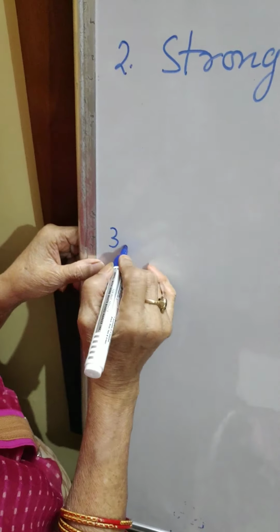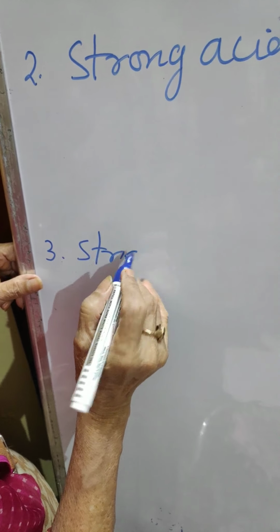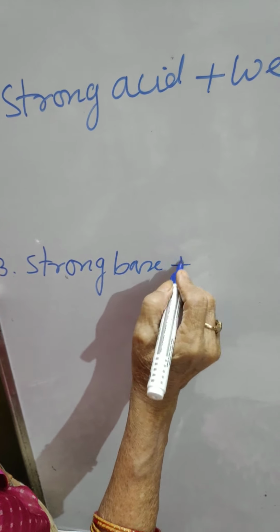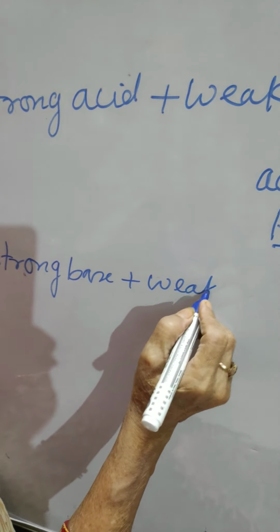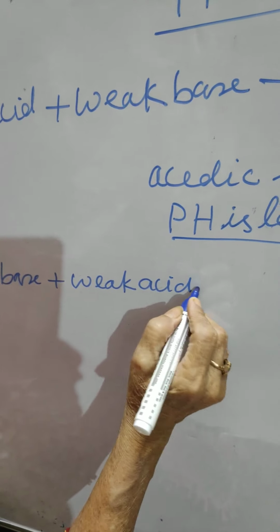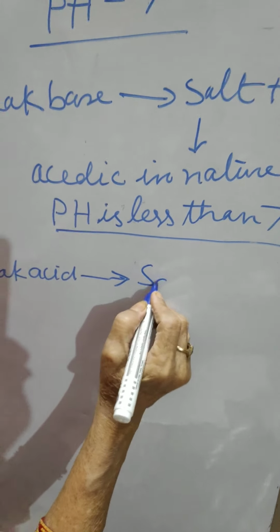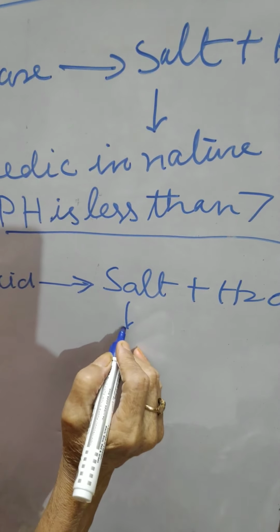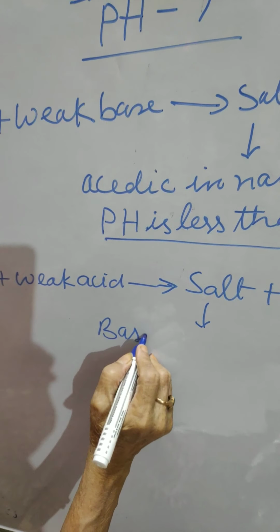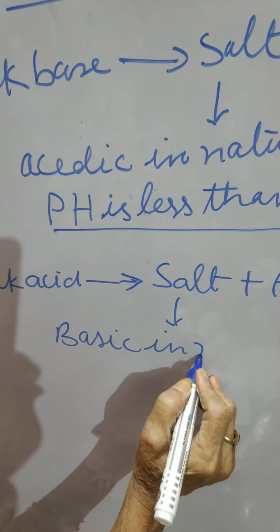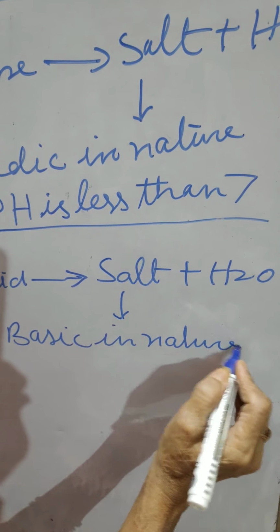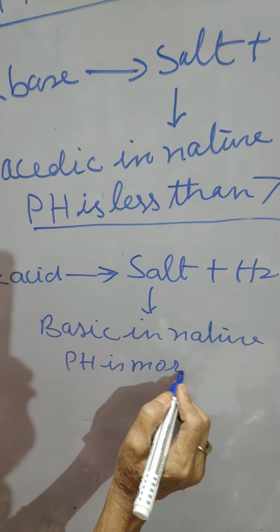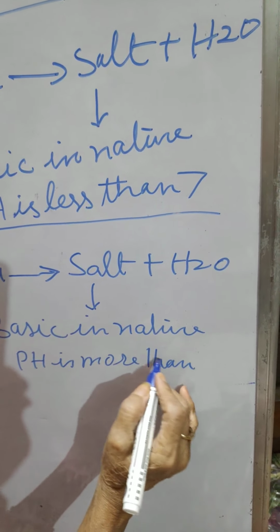Now the third: when a strong base reacts with a weak acid, they form salt plus water, and this salt is basic in nature, that is, the pH is more than 7.